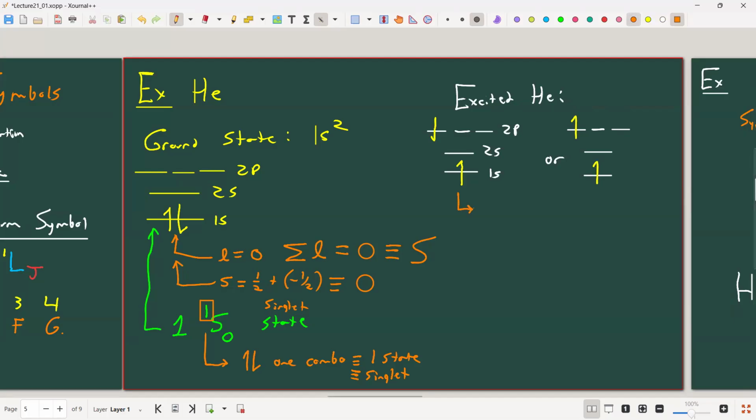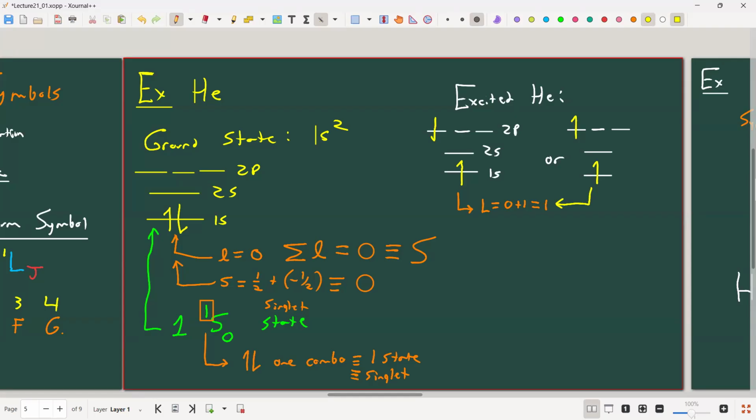Right here I have the total L is going to be 0 plus 1, because we have one in L equals 0 and one in the P state, L equals 1. So the total L of this is 1. And of course, that's the same for the other combination, right? They're in the same orbitals. We just have differences of spin, right?